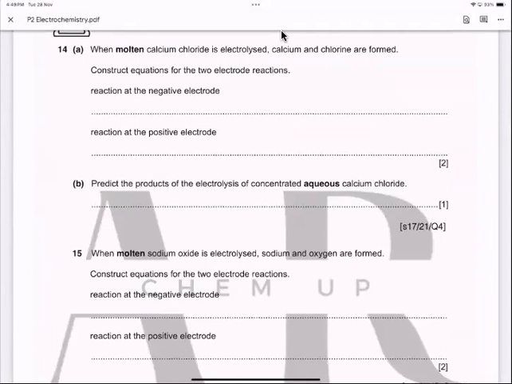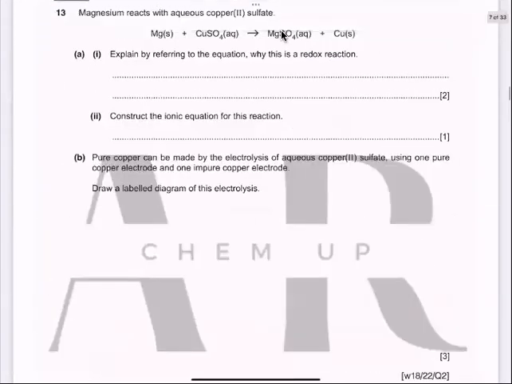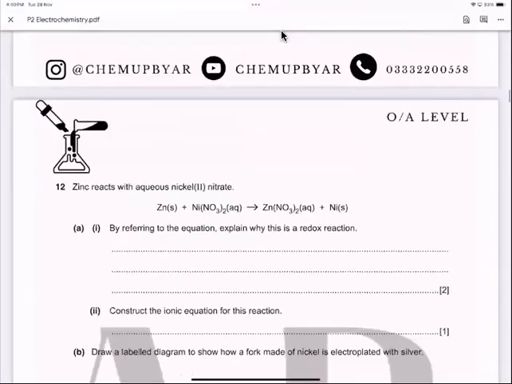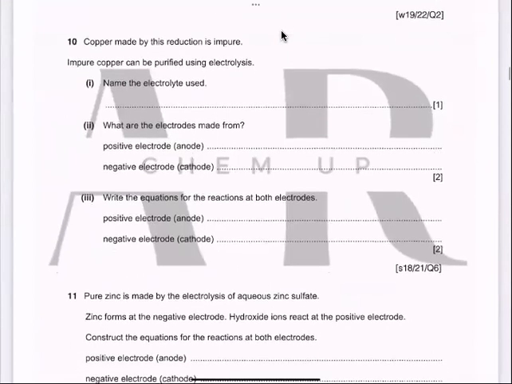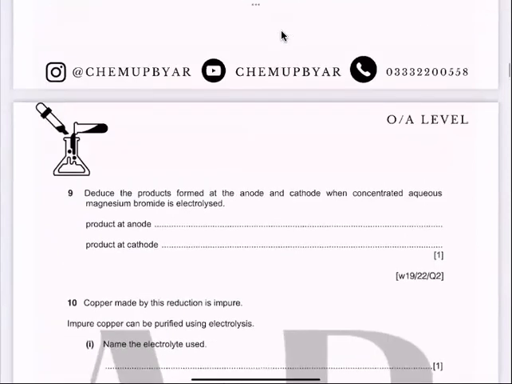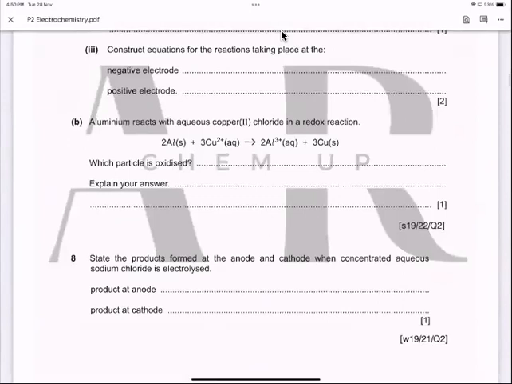You have to do 14a, because 14b is the case of aqueous that we are going to do in the next class. Okay, 14a done. Yes. Okay.